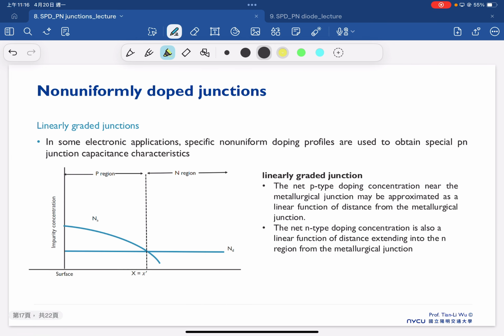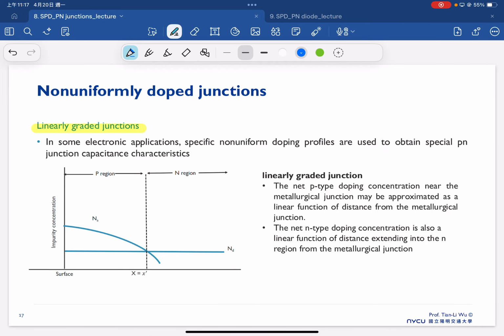There's some additional small concepts. I would not say it's that important, but still, it's interesting to know that in junctions we have all different varieties. We also have what we call the linear gradient junction, where the concentration in one region is not constant.